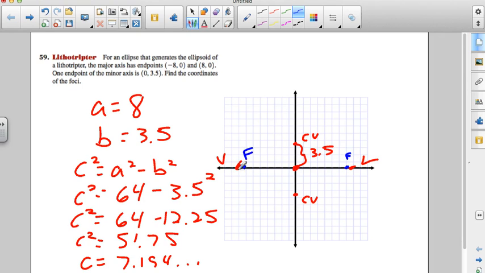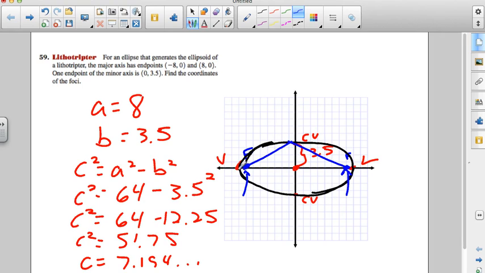Now, the lithotripter works from the fact that when you have the full ellipse, whatever bounces off this focus will hit the ellipse and then go to the other focus. Well, that means that's where our lithotripter needs to be, and this is where the person's kidney, or whatever it is that they're trying to break up the calcium deposits in, needs to be.